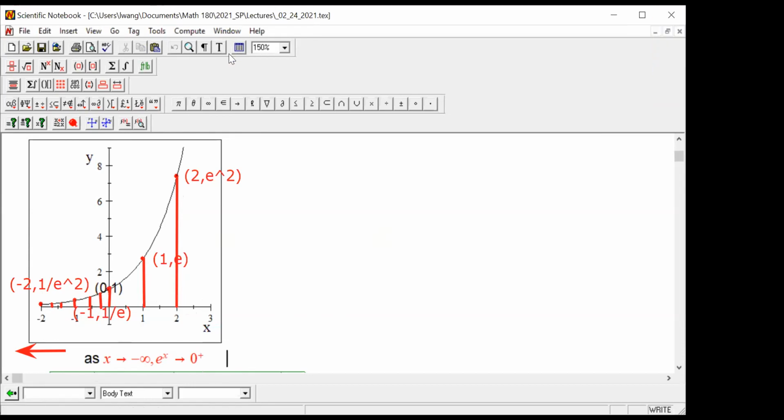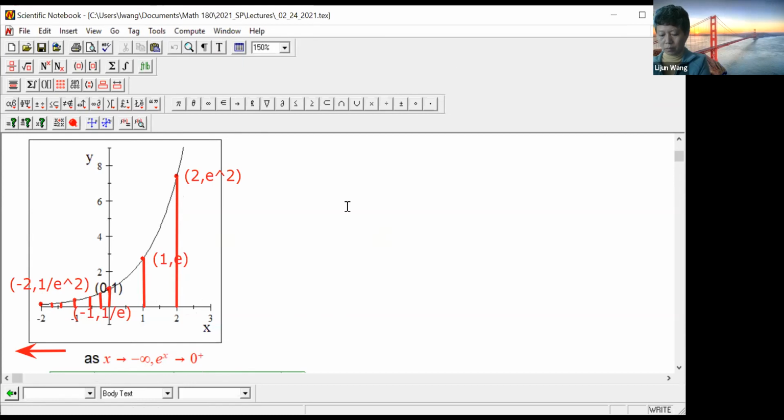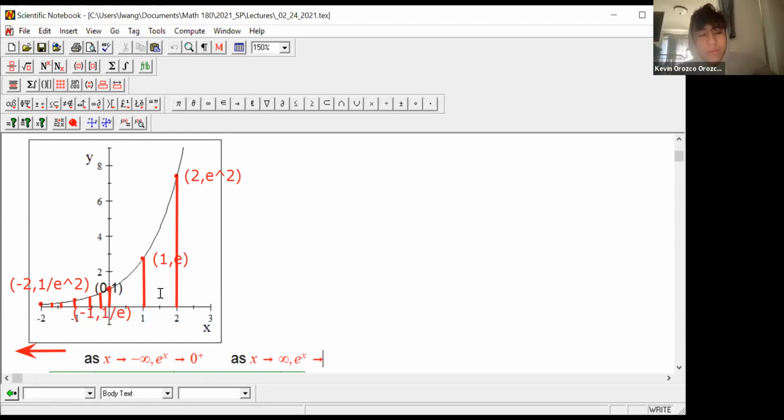It's infinite. So if x is approaching positive infinity, what happens to e to the power x? What does it approach? Infinity. That's right, that's the perfect answer.